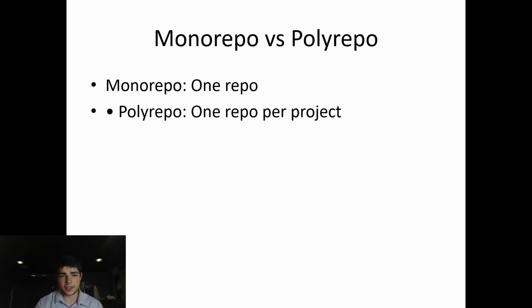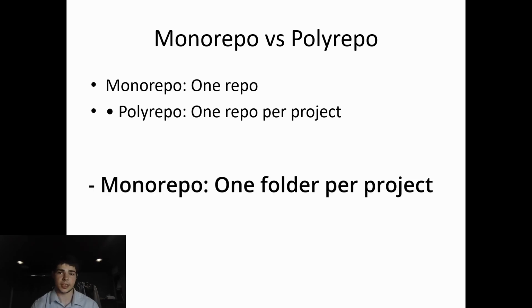Of course, the difference, as I already discussed, is instead of multiple repositories, one for your employee tracking, one for your machine tracking, it's just going to be one repository. Not one repository per project. We're going to have one folder per project, and that's going to be inside of the folder apps.